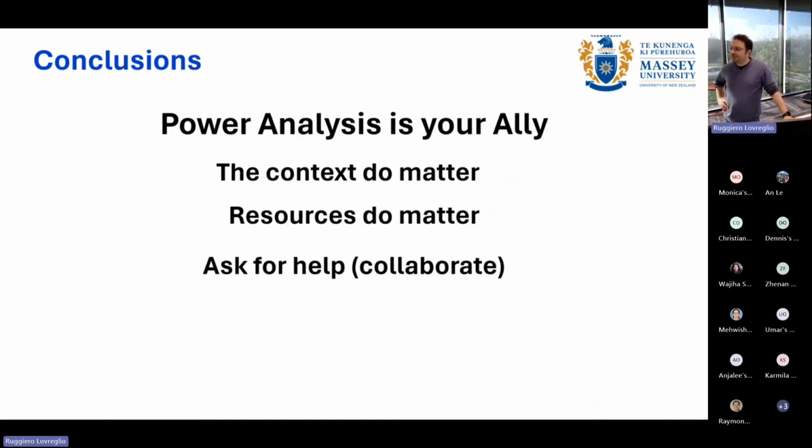I know that it's annoying to think, but if you want to be a researcher, you need to spend the night looking at the ceiling and thinking about the power of your studies. So the context matters in different ways, depending on what you are doing, which parameters you need to put as an input. Resources matter. We need to always try to avoid wasting time and resources.